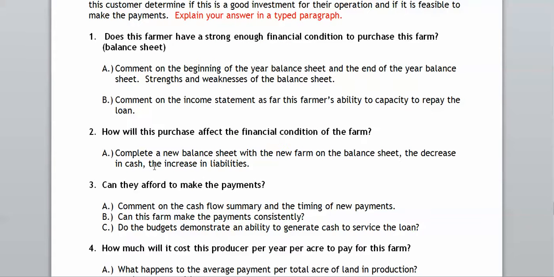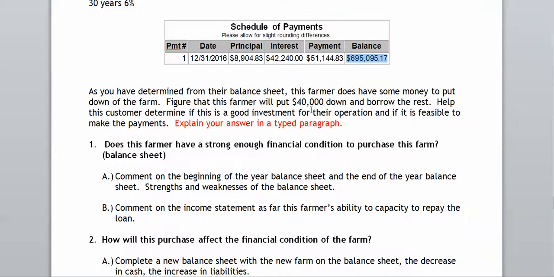Now we're going to complete a new balance sheet. We're going to take the end of the year balance sheet and add the new farm to see what happens to our equity position. We're going to decrease the cash because we are using that as a down payment. We're going to increase the liabilities. The current liability will increase $51,000. Our non-current liability will increase $695,000.